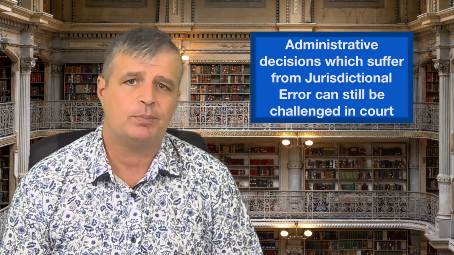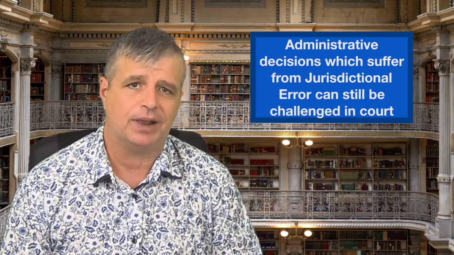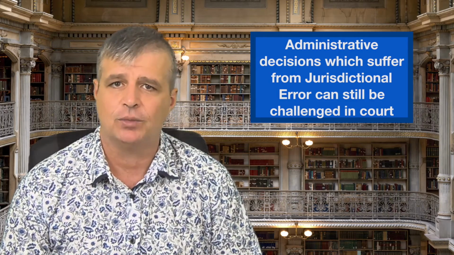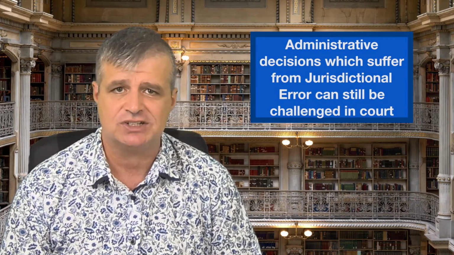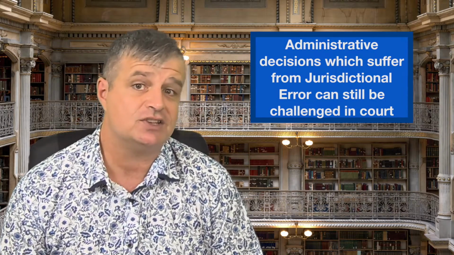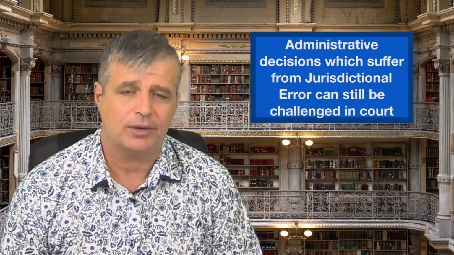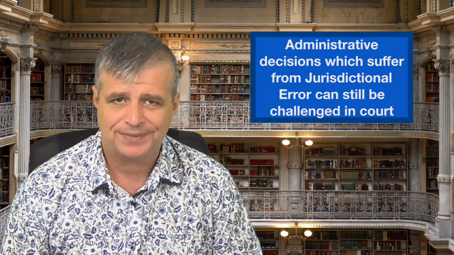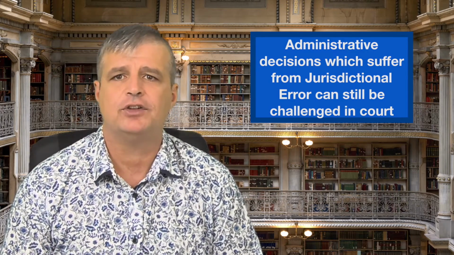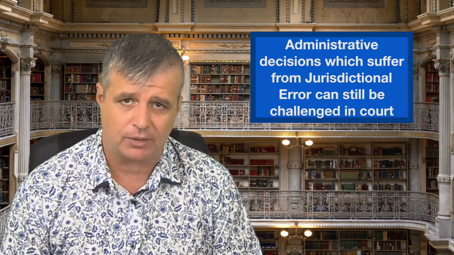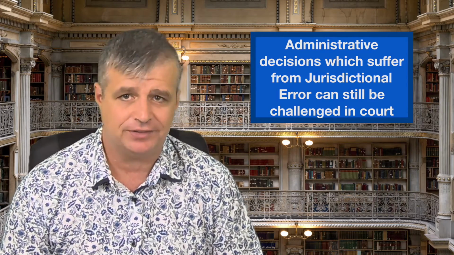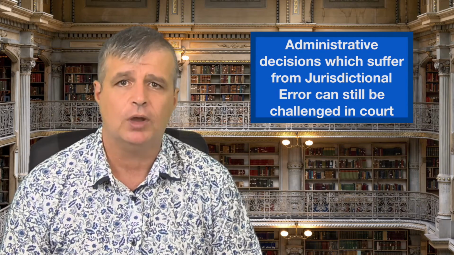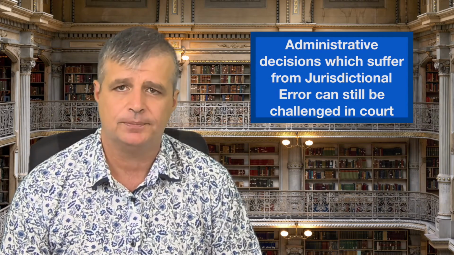So while an aggrieved person might be prevented from complaining that a decision was made incorrectly, they cannot be prevented from challenging the decision if their allegation is that the decision maker lacked the power to make the decision at all. As a result, there are still bucket loads of migration review decisions every year. The government failed in its attempt to put migration law beyond the jurisdiction of the court.